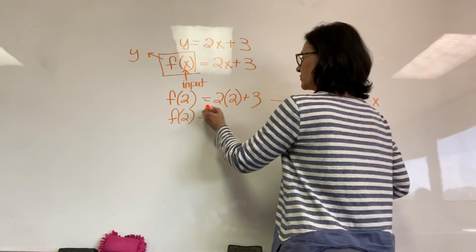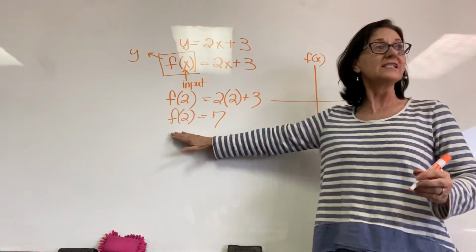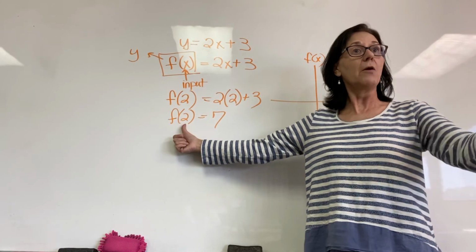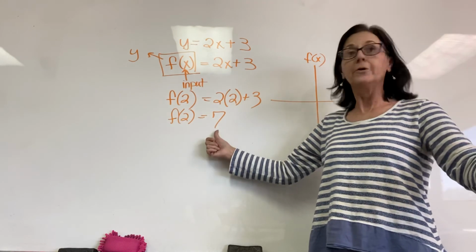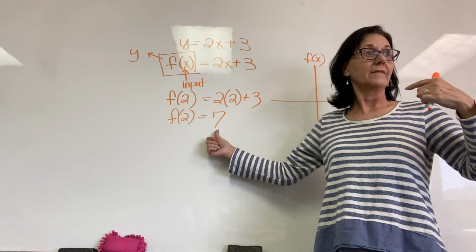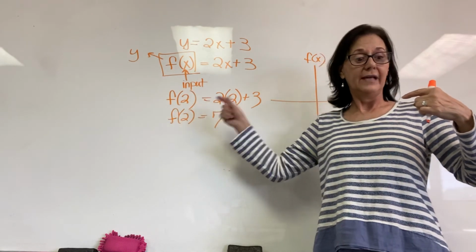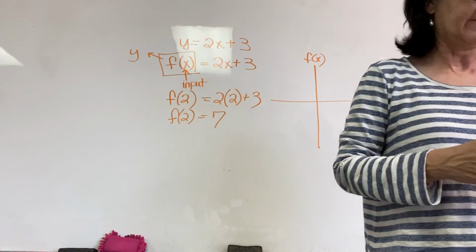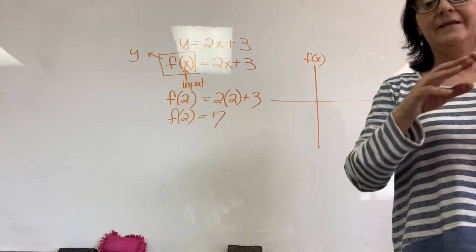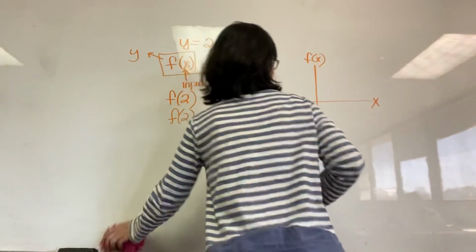That's 4 plus 3 is 7. This says when I input 2 into the domain, my output or my range is going to be 7. So f of 2 is equal to 7. All right, look at example 94.3. Then we'll take a break.